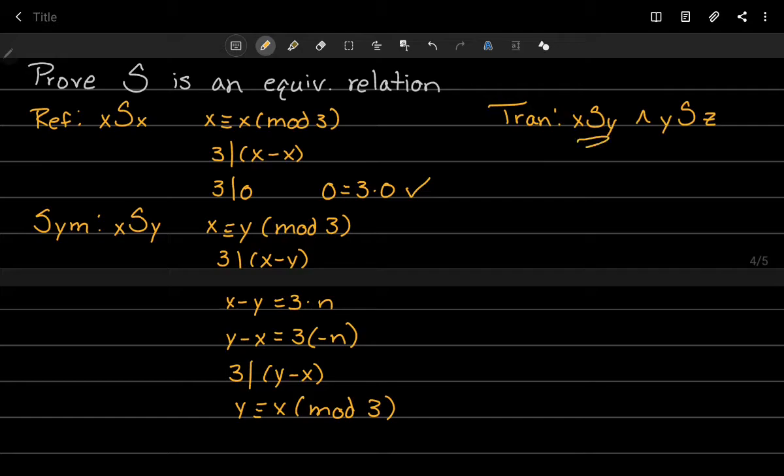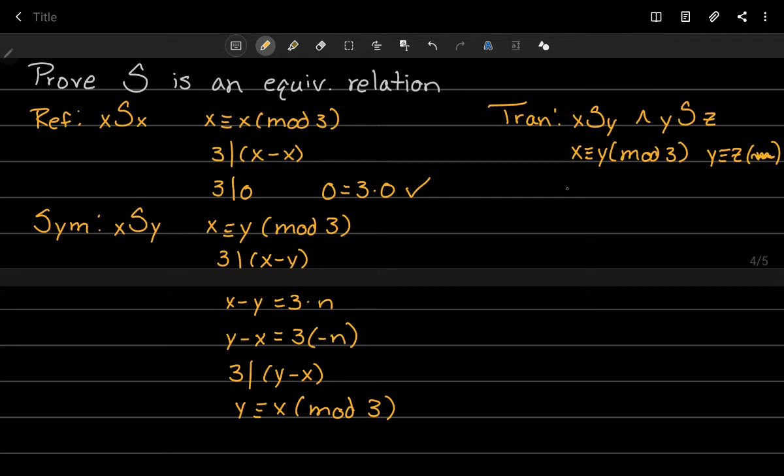If x and y have the same remainder when divided by 3, and y and z have the same remainder when divided by 3, then x and z have the same remainder when divided by 3. But we want to be more rigorous than that, so we're going to use our definition. So this means x congruent to y mod 3 and y congruent to z mod 3. I can't fit it all in, but you get it.